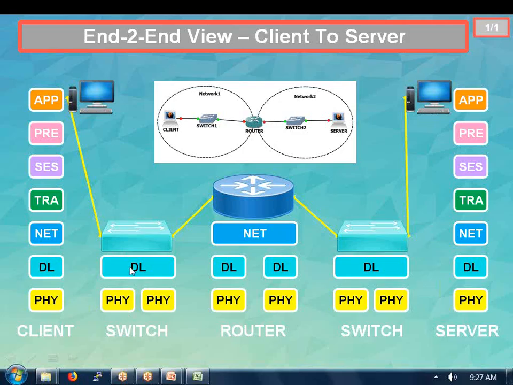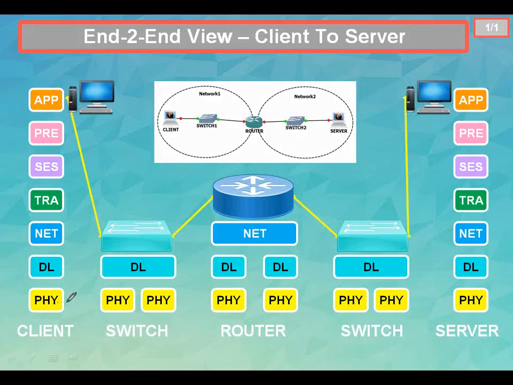Received by switch. What will the switch do? Switch receives the bits. Switch is only interested in the data link layer header. It is not interested in network and above. It doesn't care which network layer protocol is present inside, which transport layer protocol, which session, which presentation, which application.